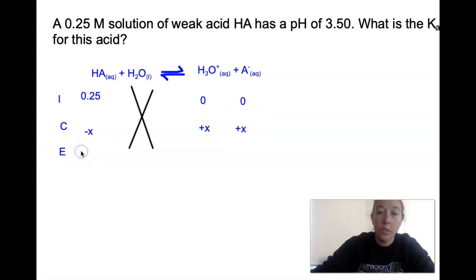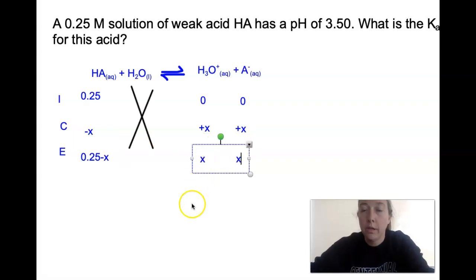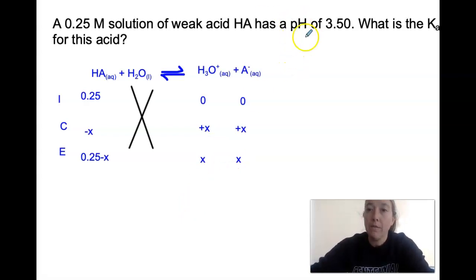Okay, so at equilibrium, we're going to have the 0.25 minus x, and then these guys over here are both going to be x. So this question gave us the pH, right? It told us the pH was 3.5. So if we think about what we can get from pH, we can get the hydronium, right?